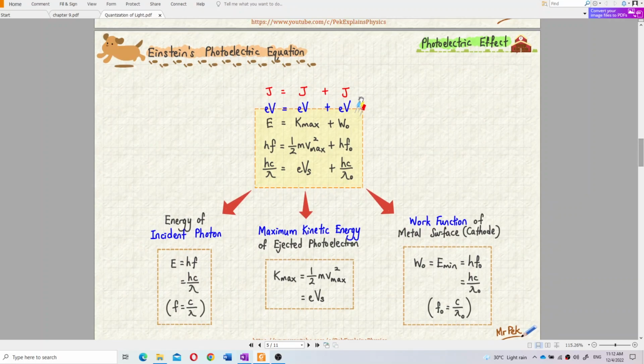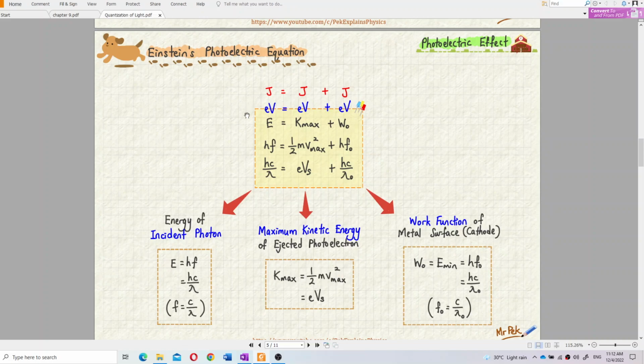So E equal to Kmax plus work function. As you can see, this Kmax is related to the Vmax, the maximum speed. This is the maximum kinetic energy. Kmax is equal to half mv square, so we can find the Vmax from the Kmax.